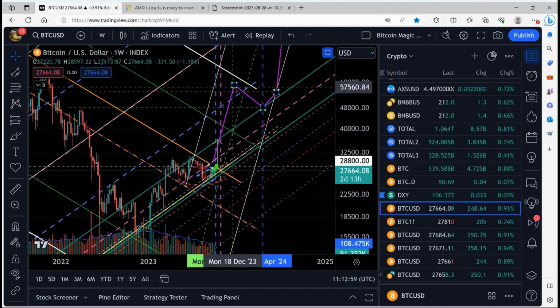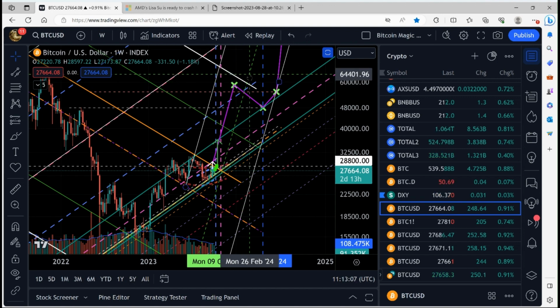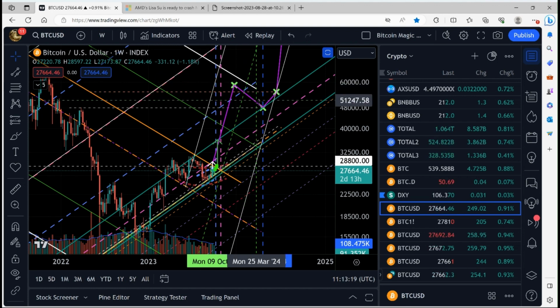I have it marked off here as December, by the end of the year, about 58,000, anywhere from 58 to 62, right around this area, by end of year or sometime in January, maybe even late January, and then coming back down to 48,000.